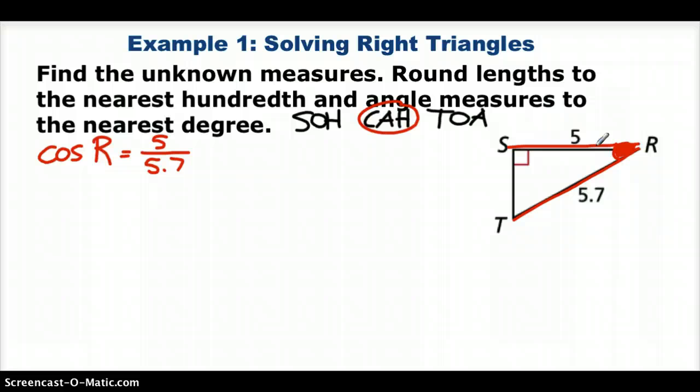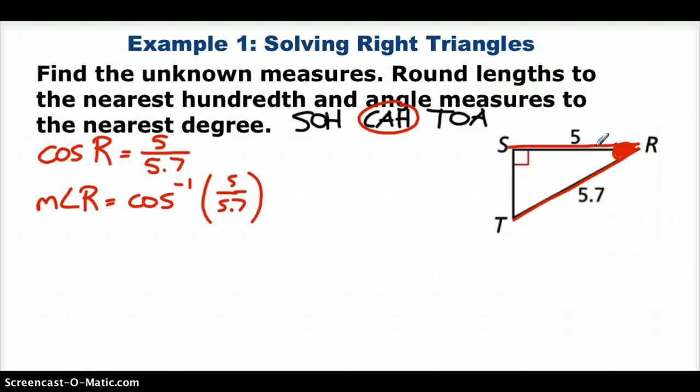So if you can imagine, I'm basically dividing both sides by cosine, and that's really going to end up with the inverse of cosine, and that actually gives us the angle measurement. So I can write this as the measure of angle R equals the inverse cosine of 5 over 5.7. Okay, and so this is what we have.